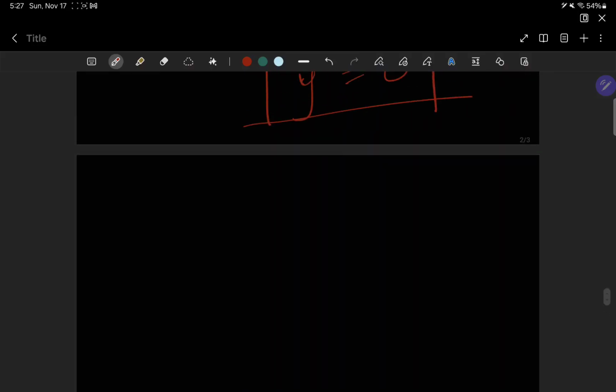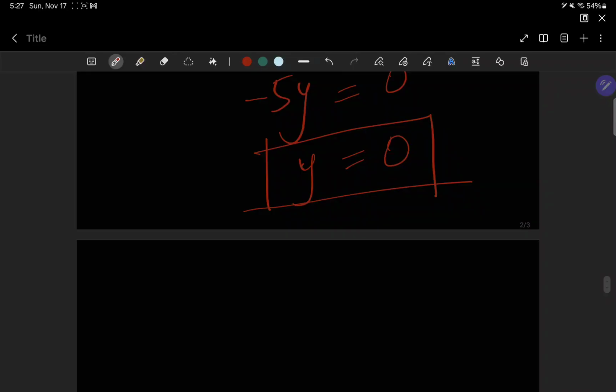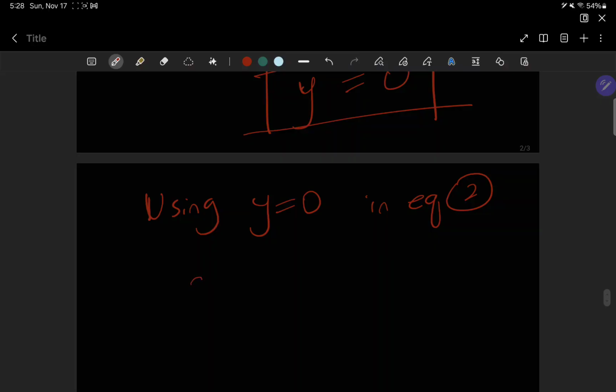Now let's find x. We can take the value of y, input in any equation. Equation 1, 2, 3, whichever equation you use, it will give you the same answer for x. We're going to do equation 2 because it's easier. Using y equals 0 in equation 2, I'm going to write equation 2 first.